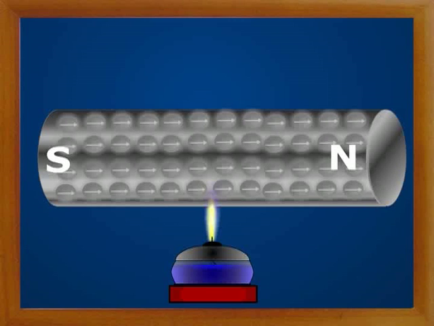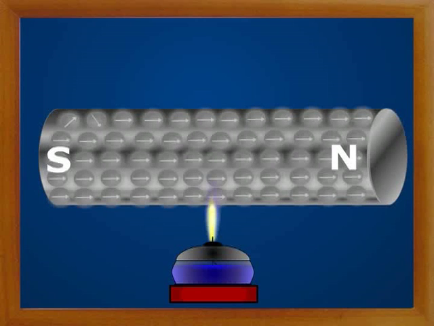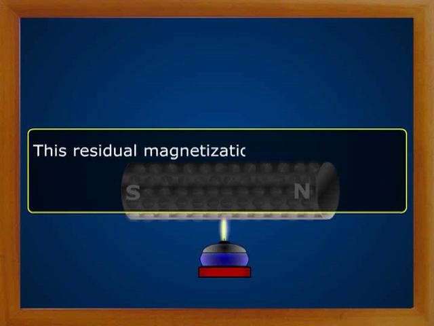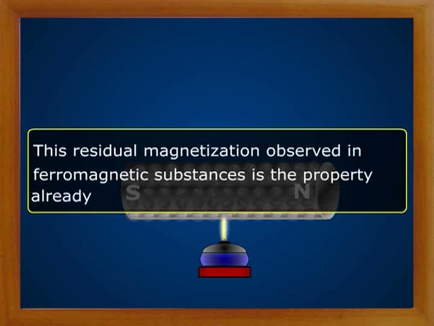When we demagnetize a ferromagnetic substance, the original domains do not form immediately. Therefore, a certain amount of magnetization is still retained. This residual magnetization observed in ferromagnetic substances is the property already defined as retentivity.